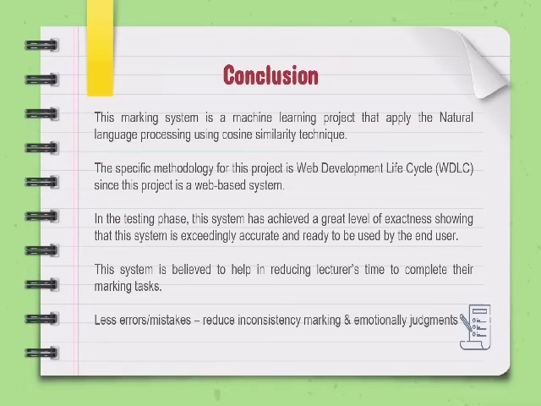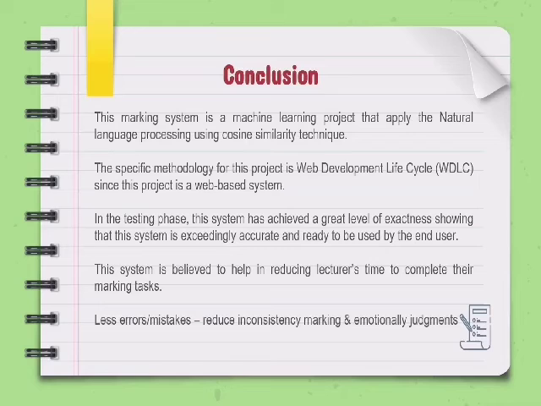So for the conclusion, this marking system is a machine learning project that applies natural language processing using the cosine similarity technique. The specific methodology for this project is the web development lifecycle (WDLC).